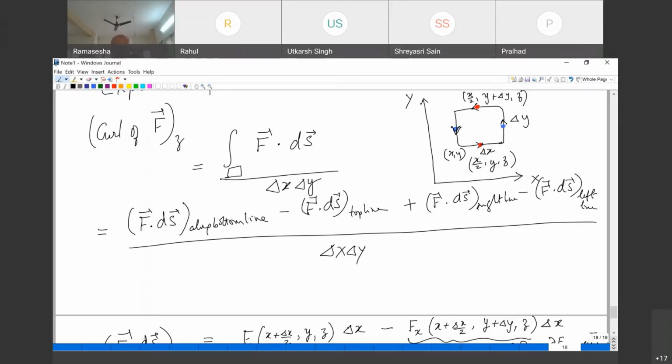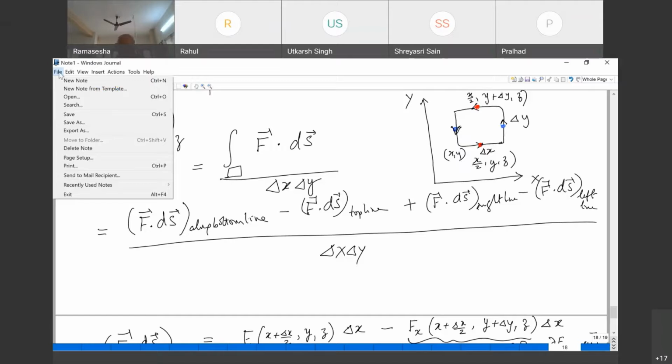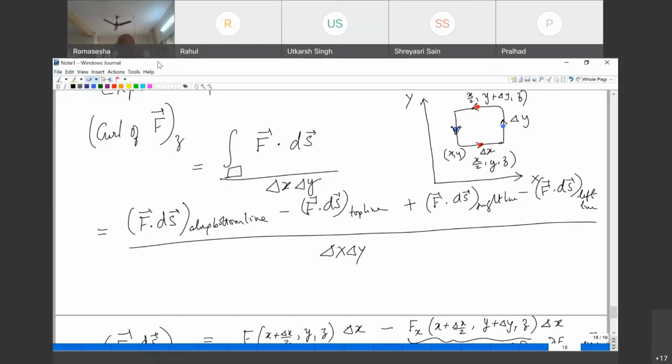You follow? So I have to multiply by delta x for both of them, right? Because I'm integrating from this point to this point and again from this point to this point. The value of the function at this point is F at x plus delta x by 2, y, comma z. So for only the bottom line, we have to consider the points x, y, z and x plus delta x by 2, y and z. Why are we considering the point in the upper line? Just a minute.